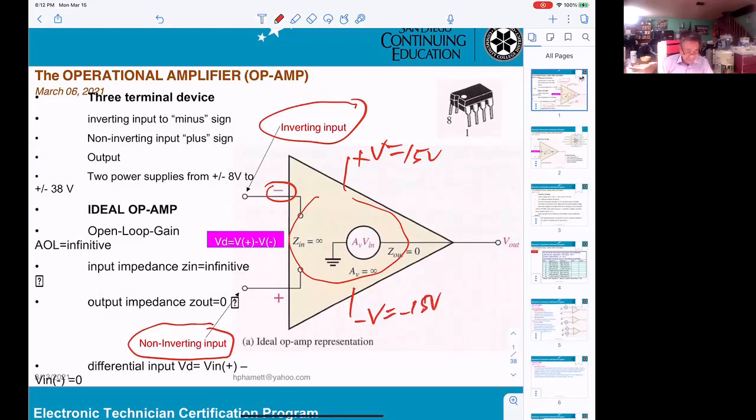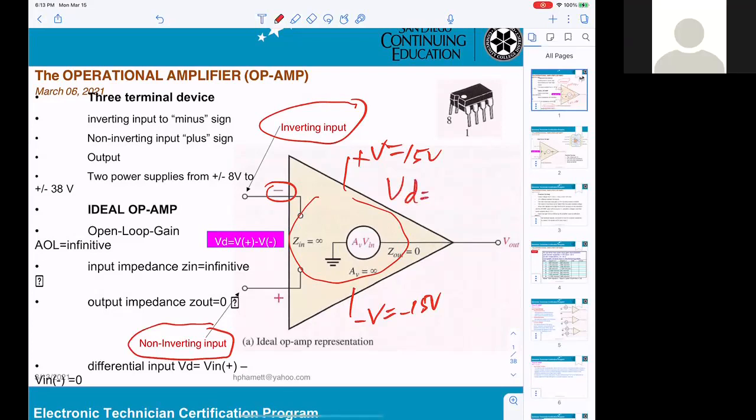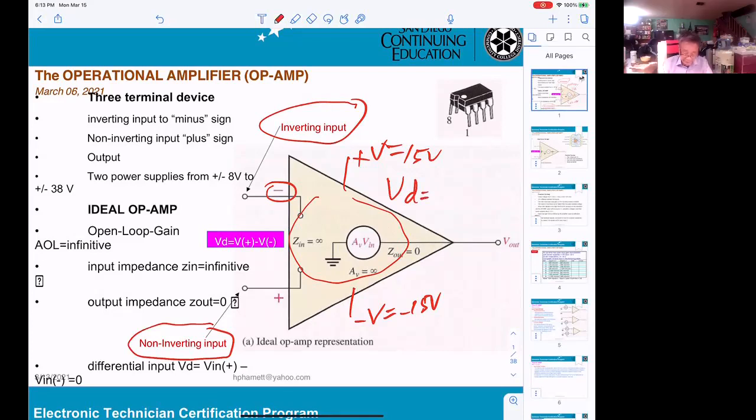And the voltage VD, they call it the differential voltage, the differential input.